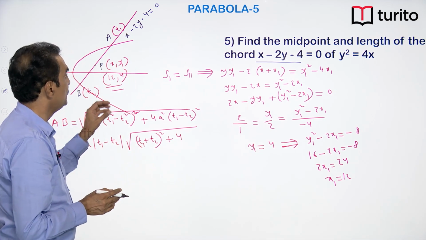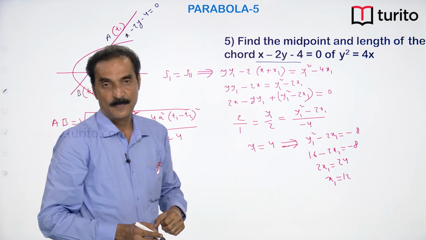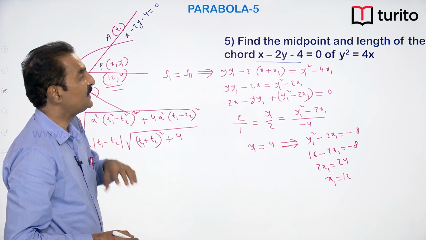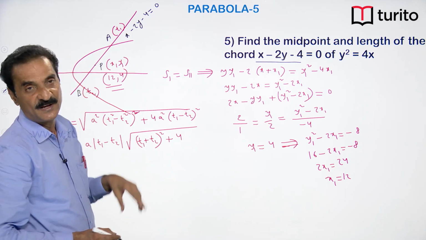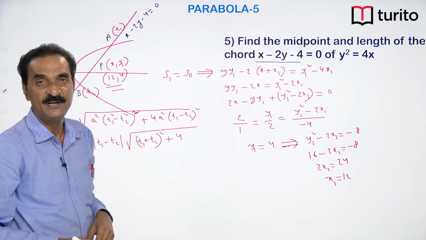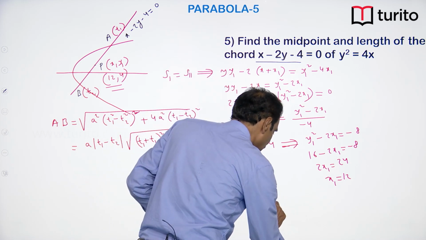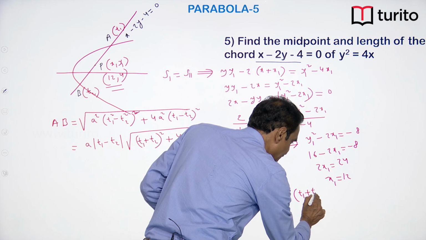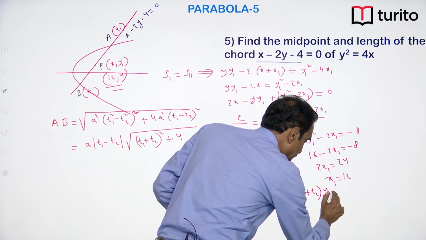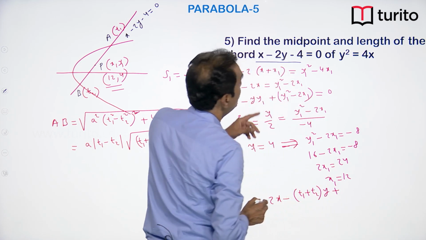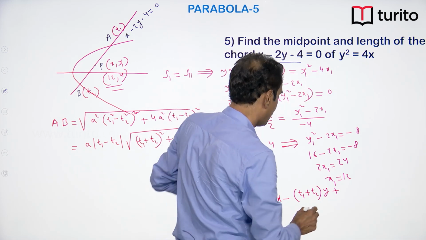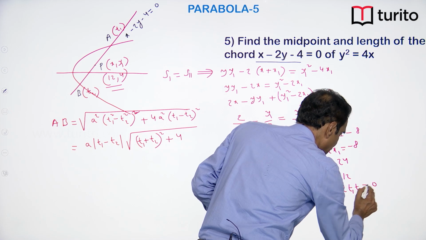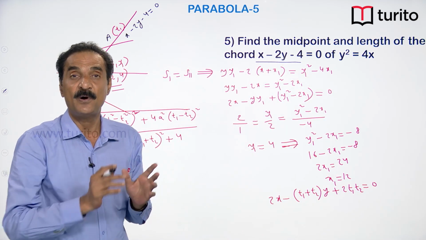Now, equation of the chord is given. Comparing with the equation of the chord joining T1 and T2. What is the equation of the chord joining T1 and T2? 2x minus (T1 plus T2) into y plus 2a T1 T2. A is 1, so 2 T1 T2. This is the equation of the chord joining the points T1 and T2.